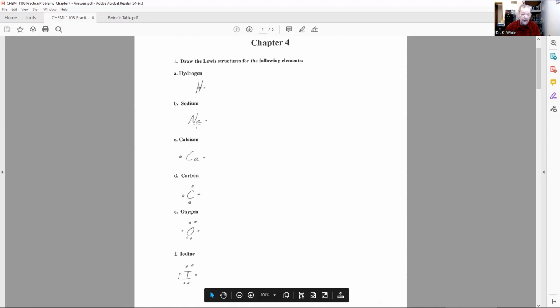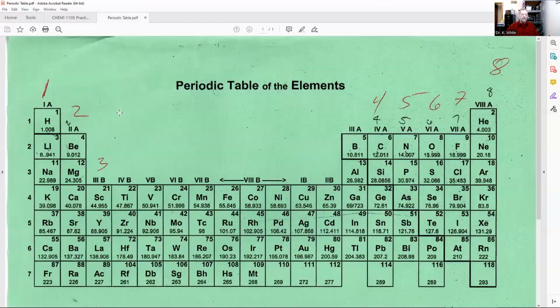So if I ask you to draw the Lewis structure for sodium, the first thing you have to do is go to your friendly neighborhood periodic table and ask, how many valence electrons does sodium have? And how do you find that out?